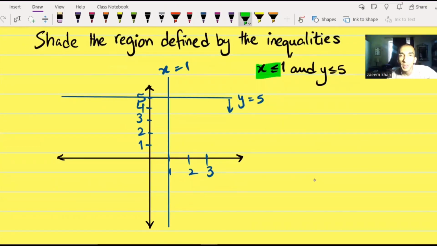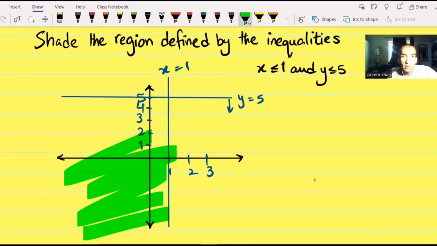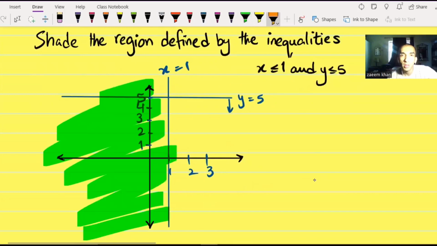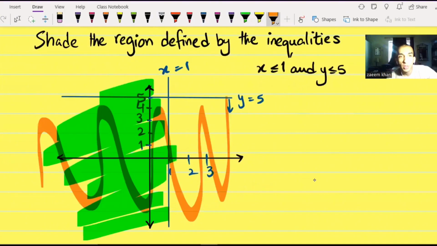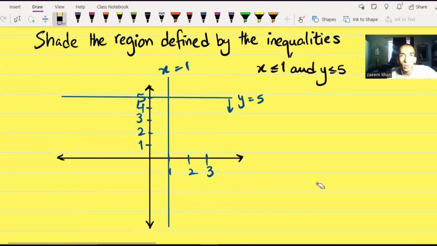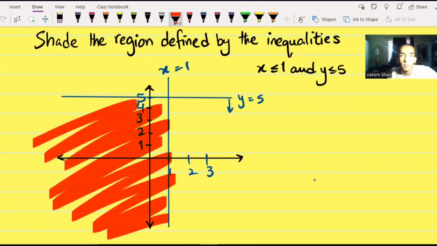When shading x is less than or equal to 1, we shade on the left of that line, and for y is less than or equal to 5, we shade below. Where do you see both colors overlapping? In the bottom left. You're going to end up shading only the part which has both colors, like the bottom left.